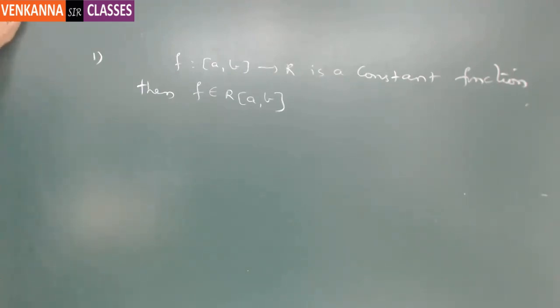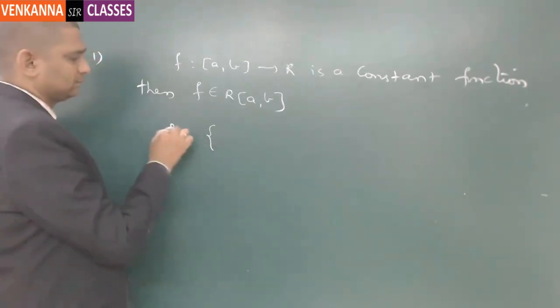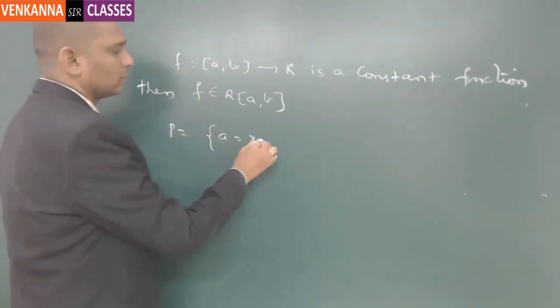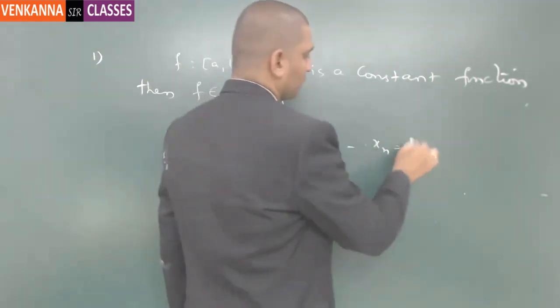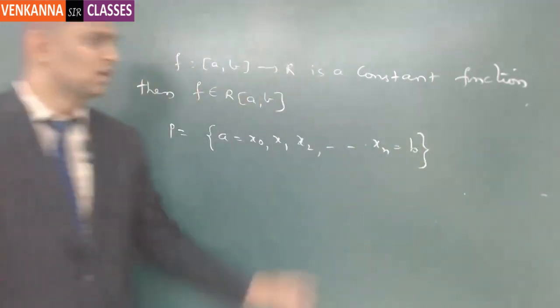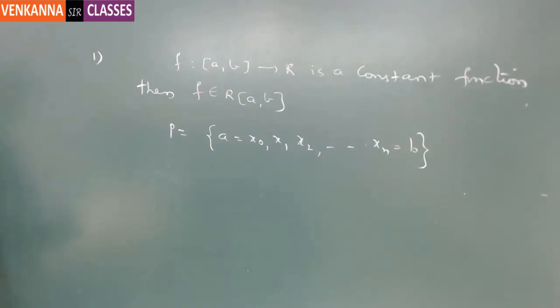Right. Now, following the definition method, let us take a partition on the interval, say P. So this is the partition I have taken on the interval [a, b].